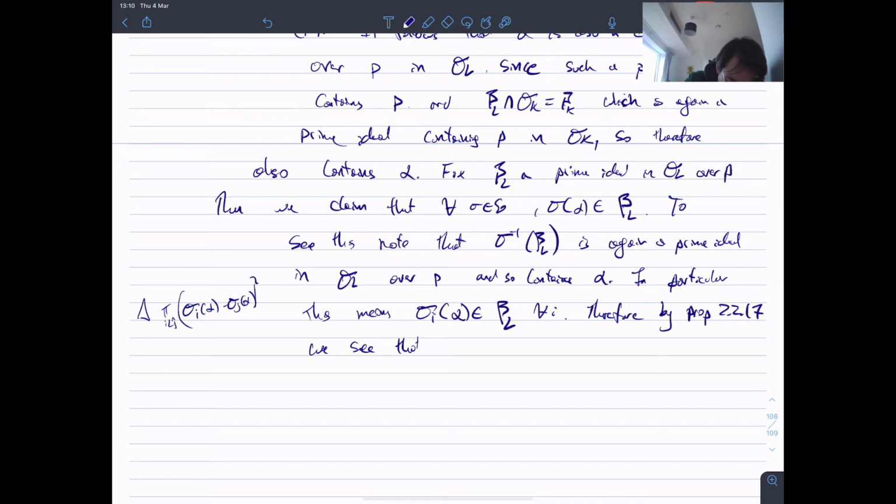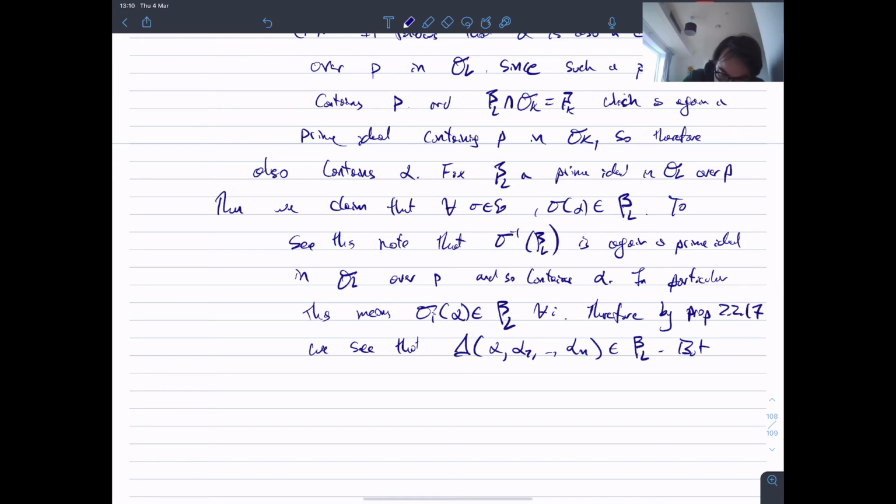This is what this proposition was saying. So every element in this formula for calculating the discriminant looks like some sigma i of alpha, and because they're all contained in beta L, this discriminant of alpha 1, alpha 2, up to alpha n is some element of beta L.